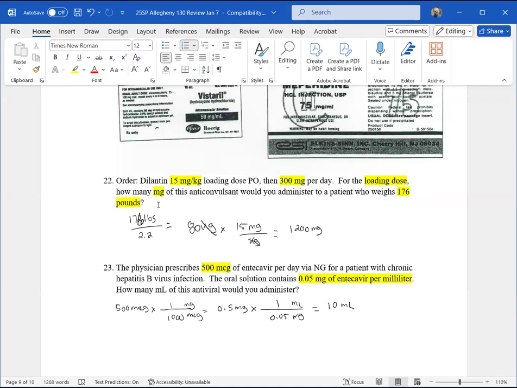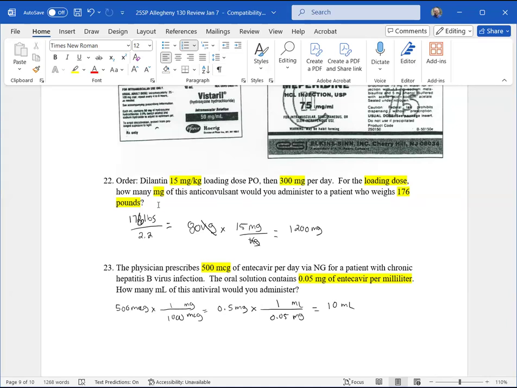So in my calculator, I'm going to take 173 divided by 2.2, and what I'm going to get is 78.636363 repeating.